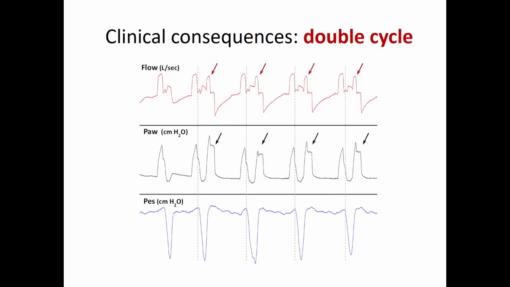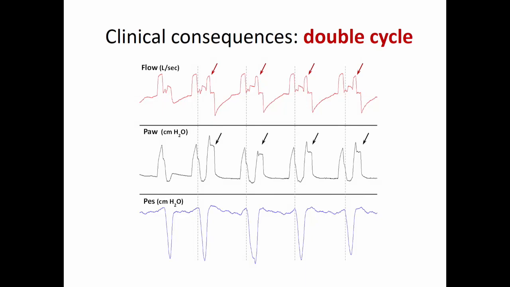Here, the last waveform is not the diaphragm, it is the esophageal pressure, and you see this huge contraction with the drop in the esophageal pressure. So, very interesting phenomenon which we observe very often in patients sedated.